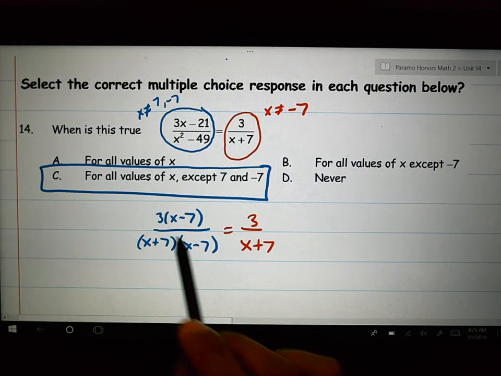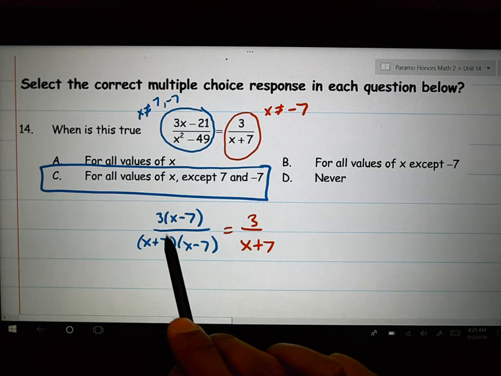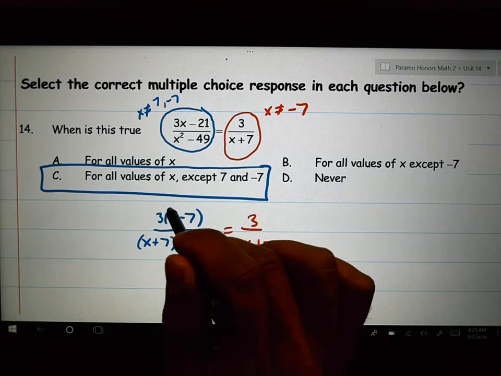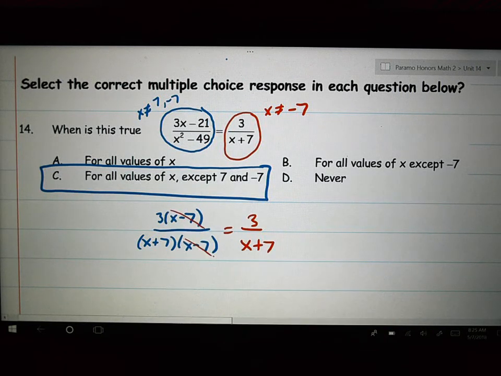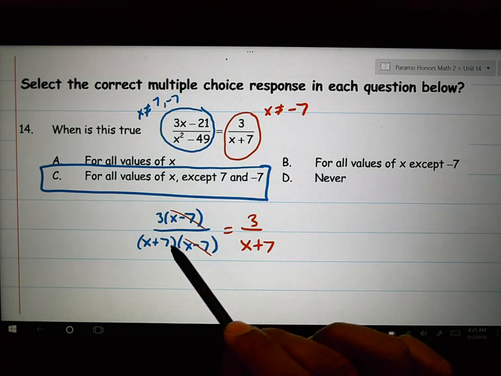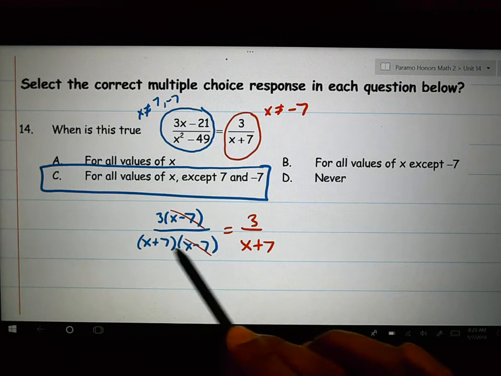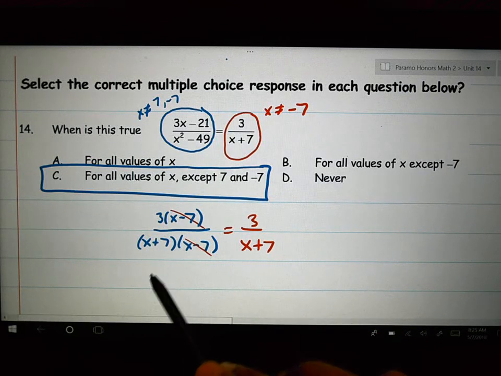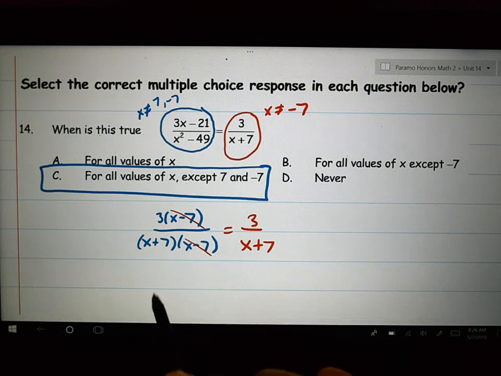Technically, if somebody were to go over here and say, we could reduce this, couldn't it? So shouldn't it only be negative 7? Well, don't forget, before we reduce, before anything gets reduced, you have to make your determination. So if there is a limited domain, the limited domain happens before any reductions occur.